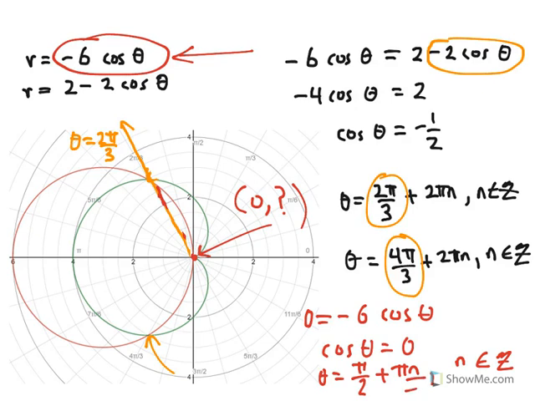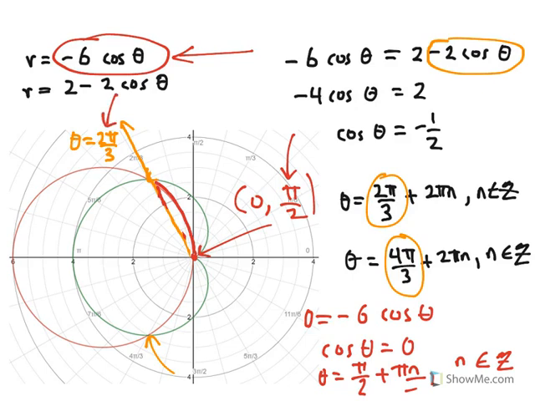Of course, if you choose n to be 0, you get pi over 2, telling you that you get this point on the circle at theta is equal to pi over 2, and this particular arc of the circle is traced as theta goes from pi over 2 to 2 pi over 3.